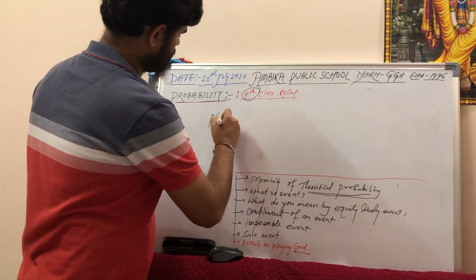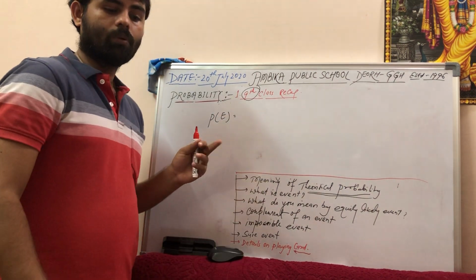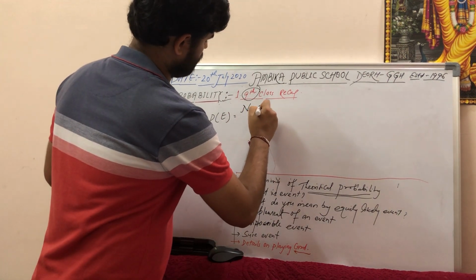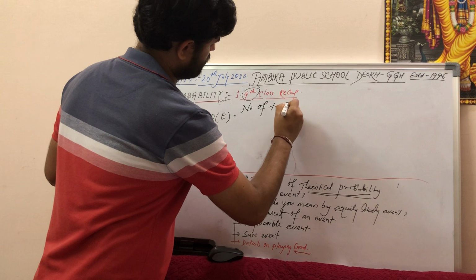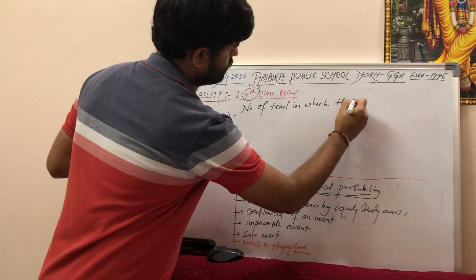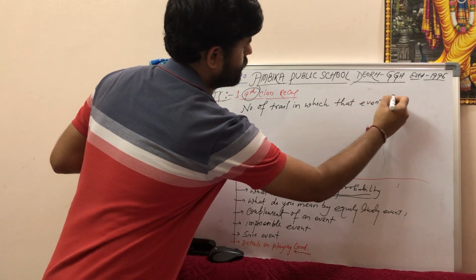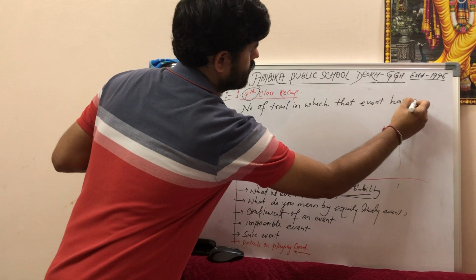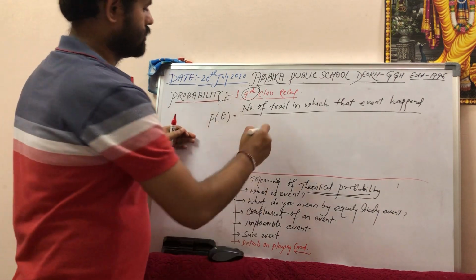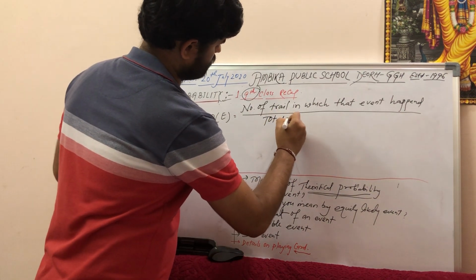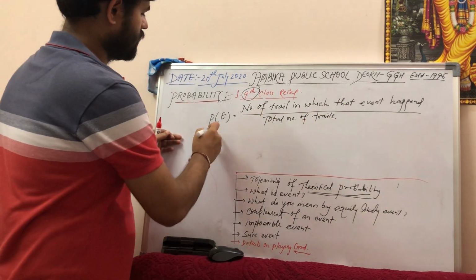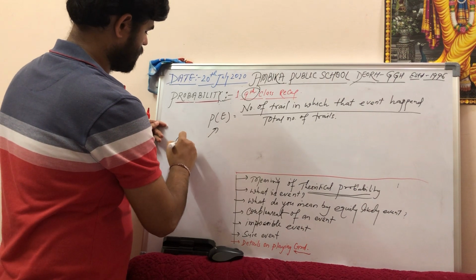P(E) equals the number of trials in which that event happened, divided by the total number of trials. This is for the experimental probability.